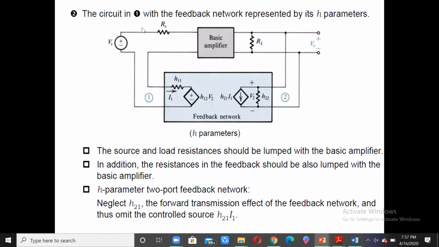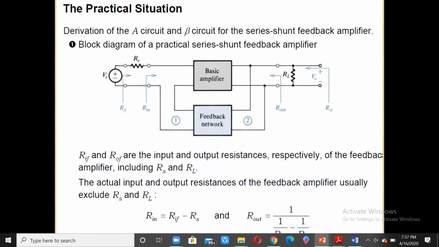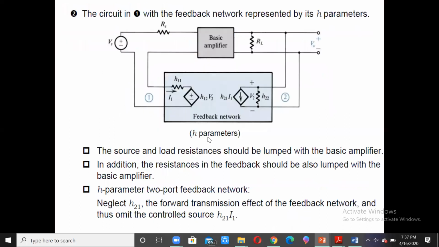So the circuit, with the feedback network represented by its H parameters: whatever circuit we have written over here, the same thing is replaced by the equivalent small signal model, and this is replaced by the H parameter model. Then we can try to write it over there.